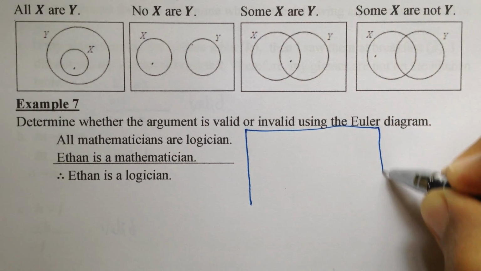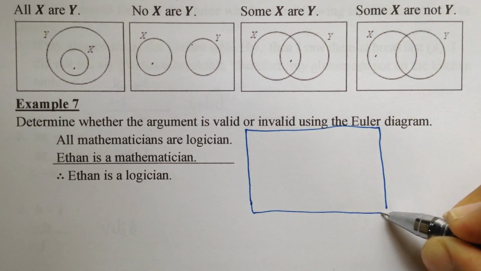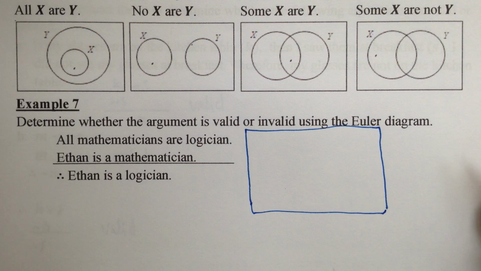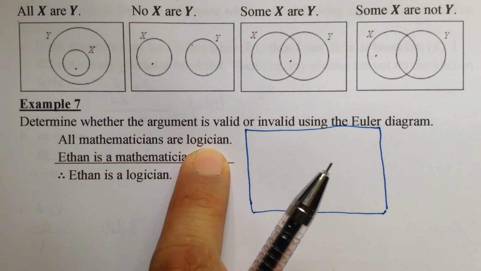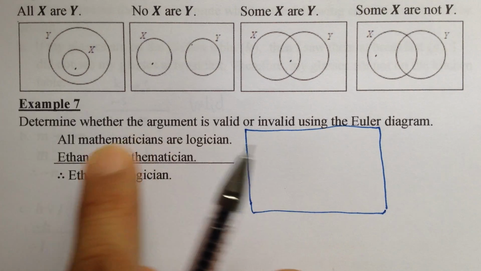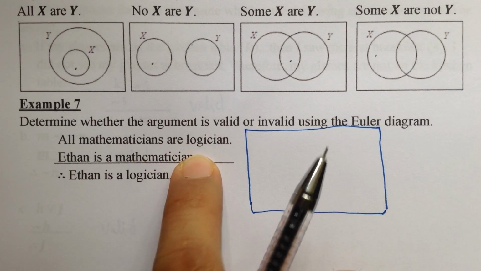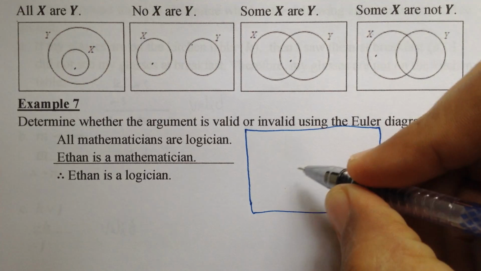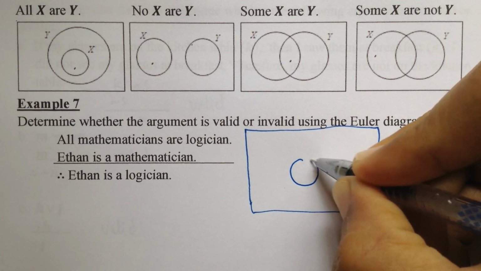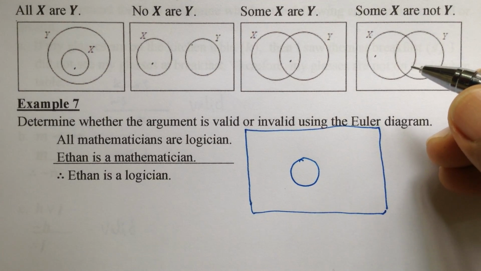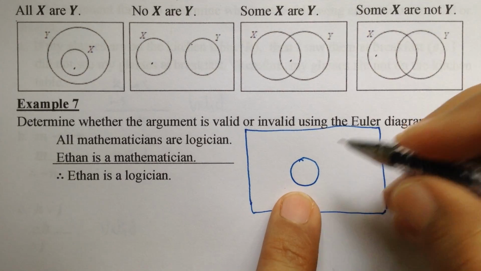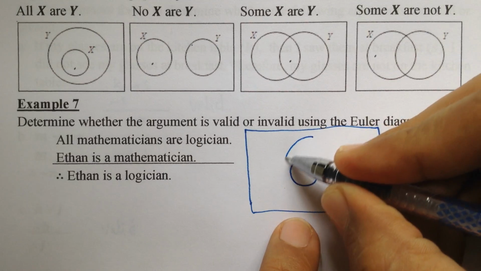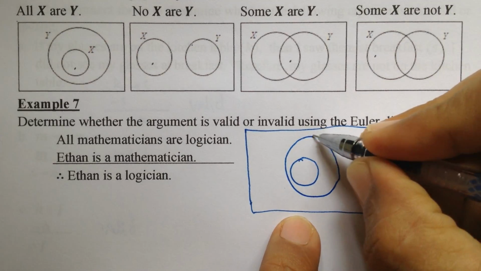So let's start with the first premise. Draw a rectangle here, and then you say all mathematicians are logicians. When you say all mathematicians are logicians, it means that you have a set of mathematicians, and you have a set of logicians where the set of mathematicians is inside the set of logicians.